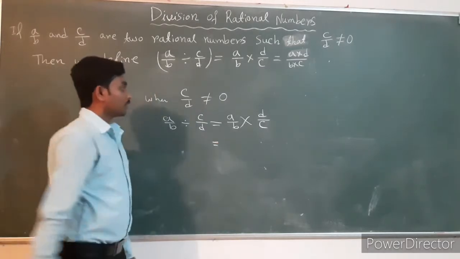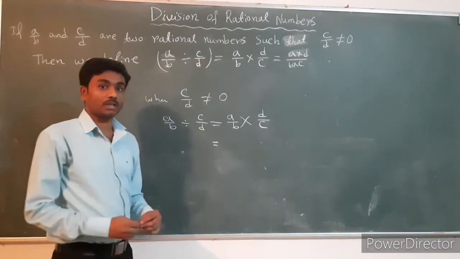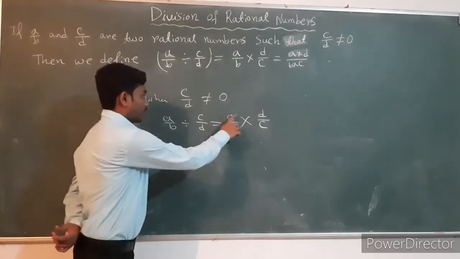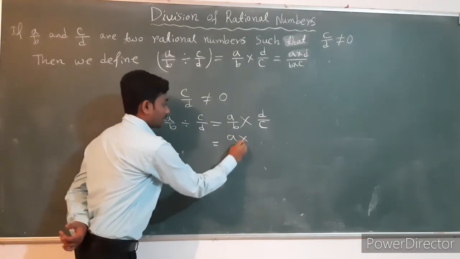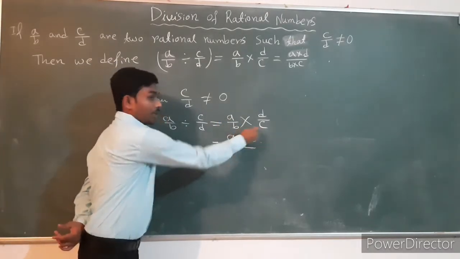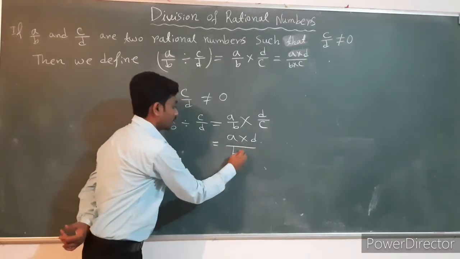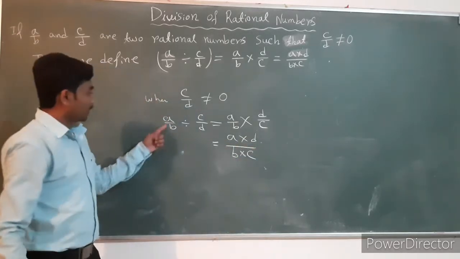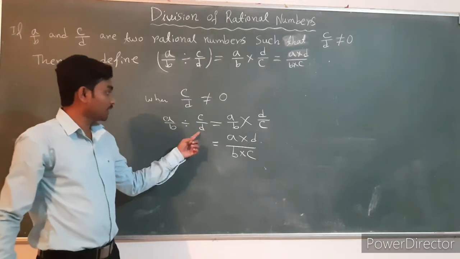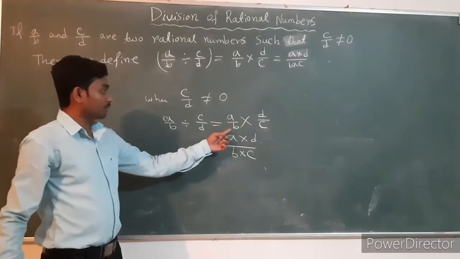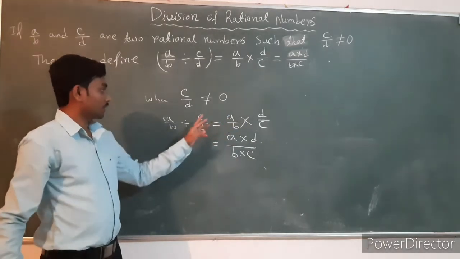Next, from the definition of multiplication, product of numerator upon product of denominator. So a by b divided by c by d is equal to a by b into d by c.